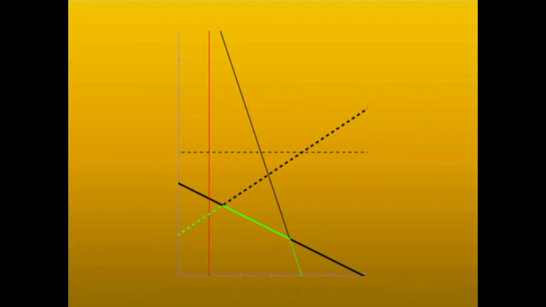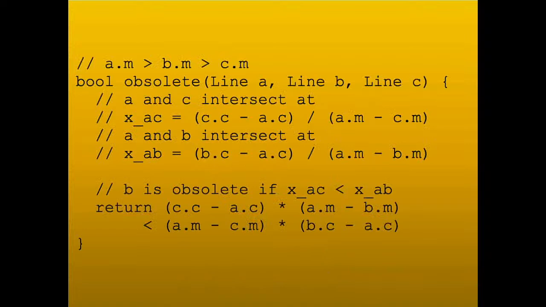Okay. So basically this is standard geometry. You find the intersection point because we have y equals mx plus c.